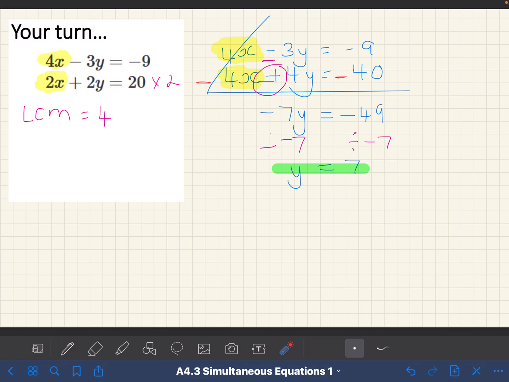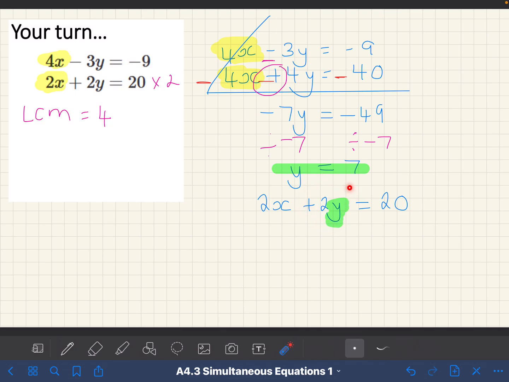We now are going to substitute into the equation. Remember, it doesn't matter which one. So just to show you, I'm going to use this bottom one this time. So I'm going to rewrite it to give me 2x plus 2y is equal to 20. Remembering that y is equal to 7.